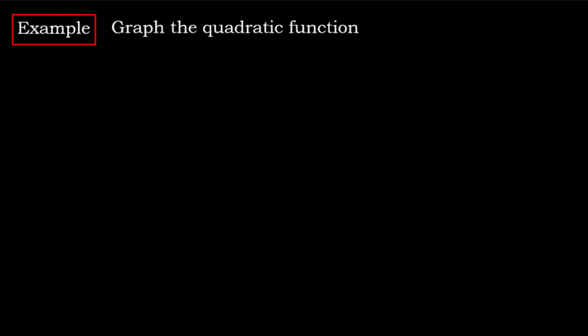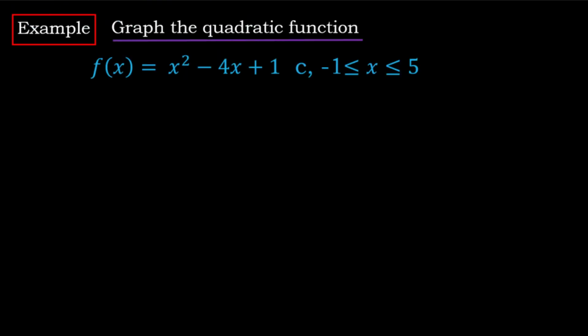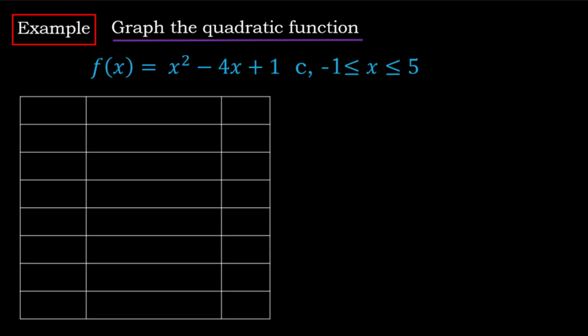Let's have an example. Graph the quadratic function f of x equals x squared minus 4x plus 1, where x is greater than or equal to -1 and less than or equal to 5. So the value of x is from -1 to 5, and we can make a table.